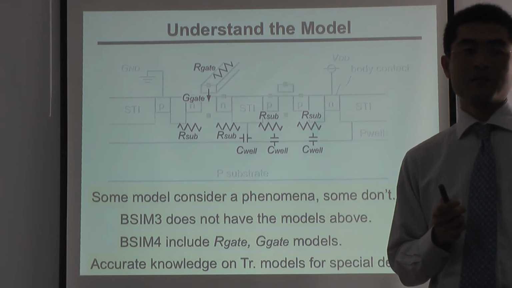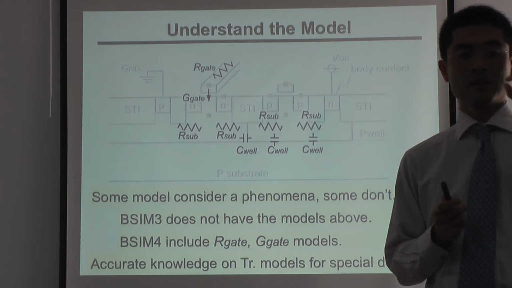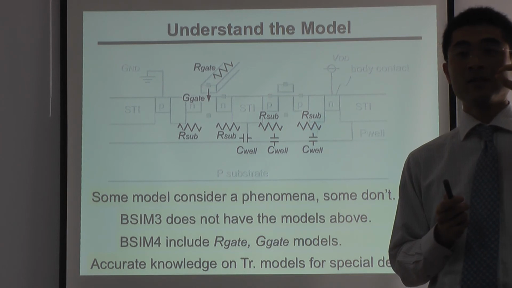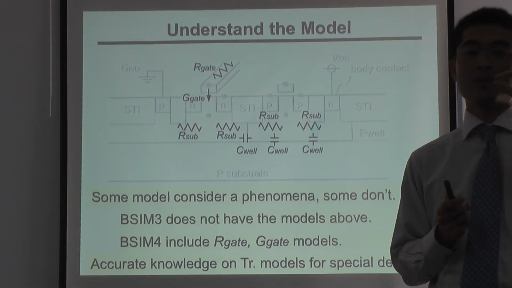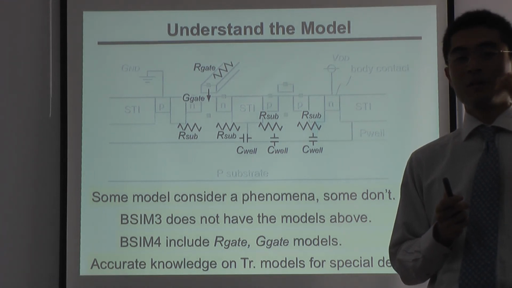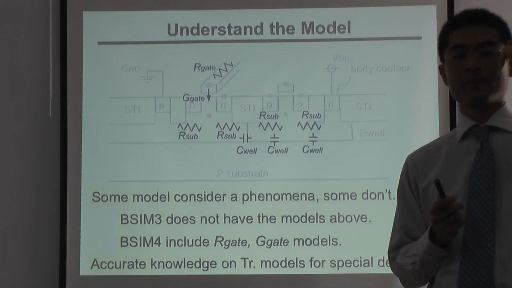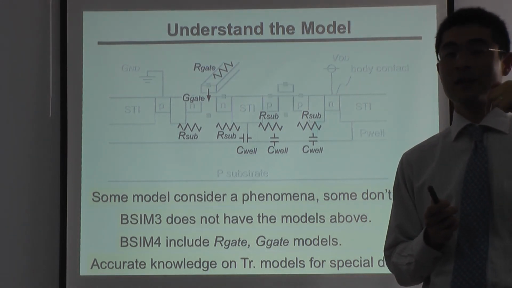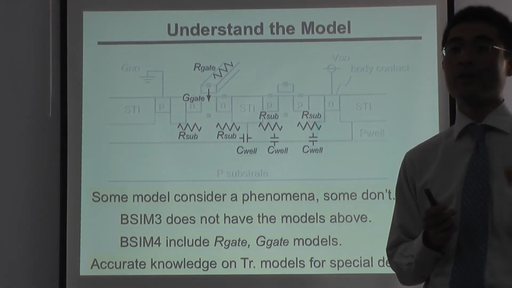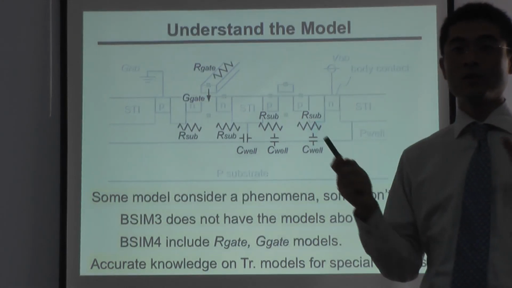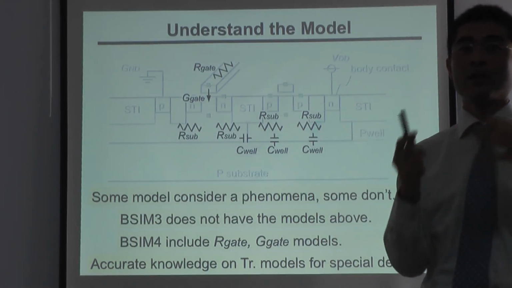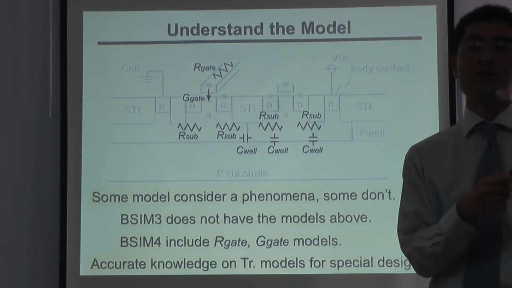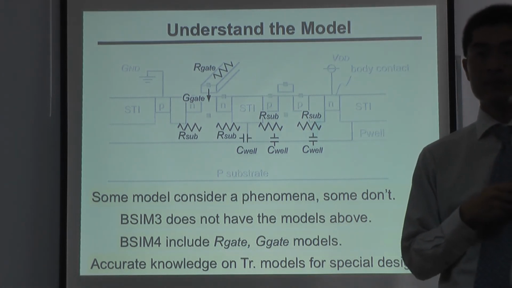And for example, the gate oxide thickness is getting thinner and thinner, for example in 28 nanometers. The gate leakage is getting apparent, and we really have to consider it for our design. So that kind of new physical phenomena are included, and the new version of model is developed.